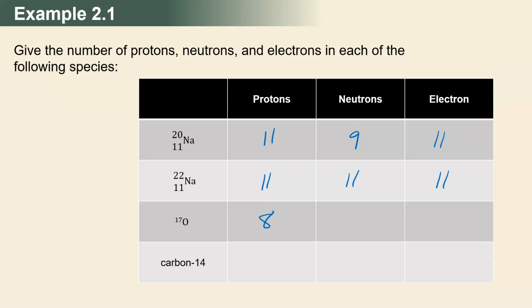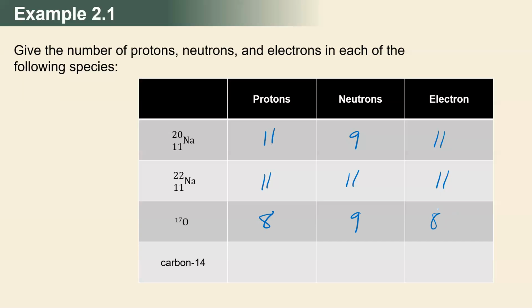So, Beard, if we have 8 protons, how many neutrons? 9. 9 neutrons. And we know that because we know our mass is 17. 17 minus 8 gives us 9. And then Lily, how many electrons do we have? 8. 8, absolutely.